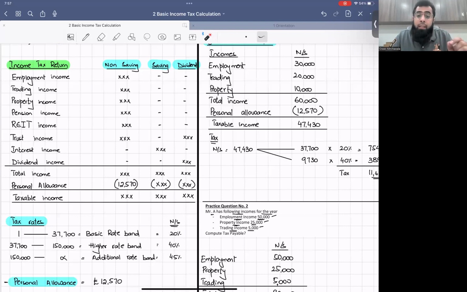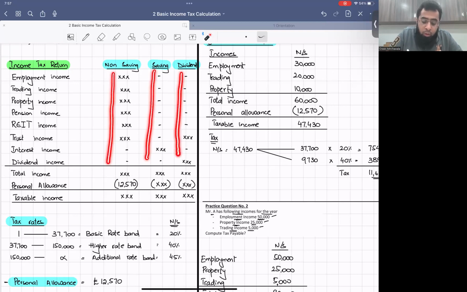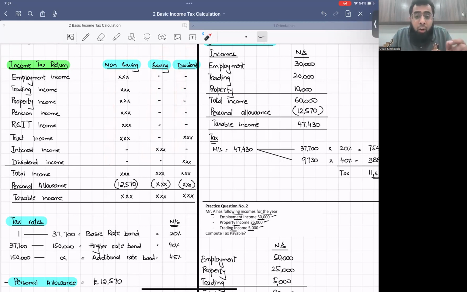In UK tax, income earned by individuals is divided in three heads: non-saving income, saving income, and dividend income. Because each of the heads of income has its own separate tax rates defined by the tax department.